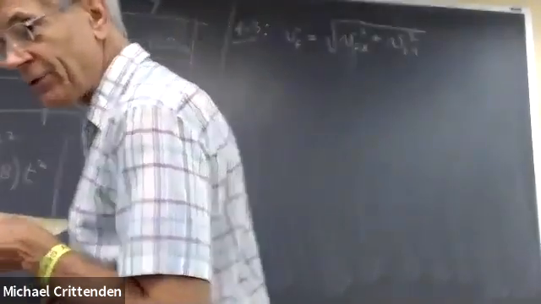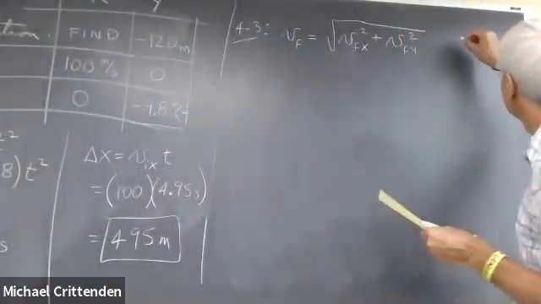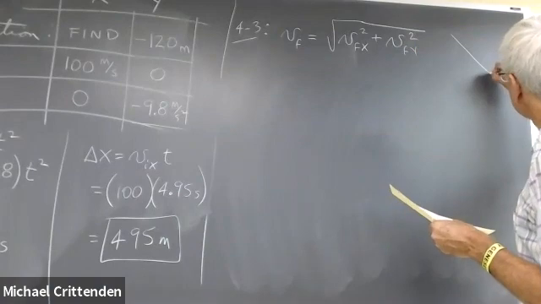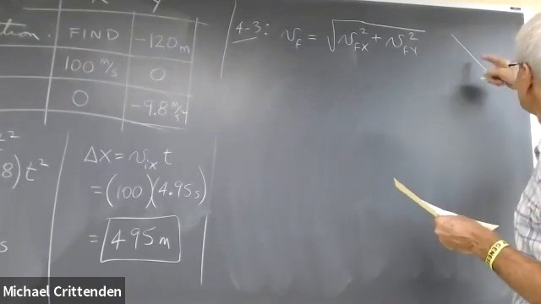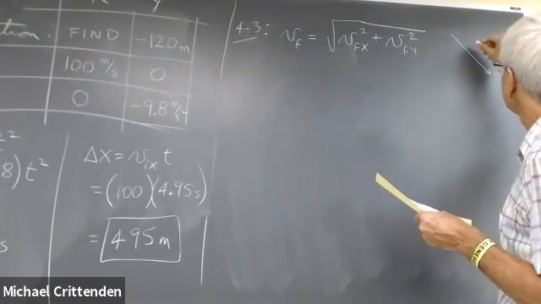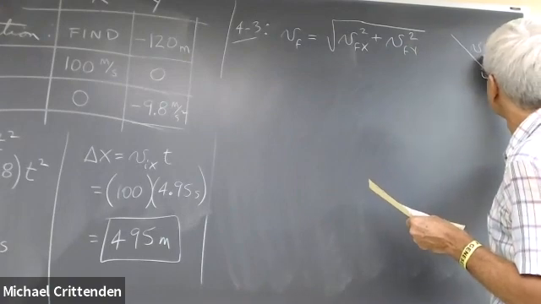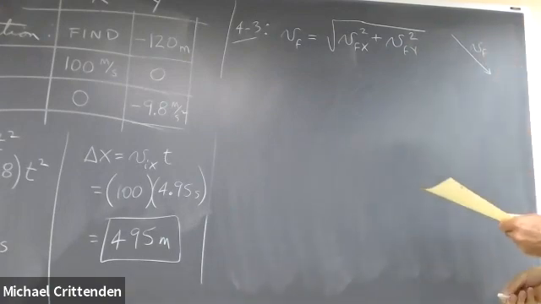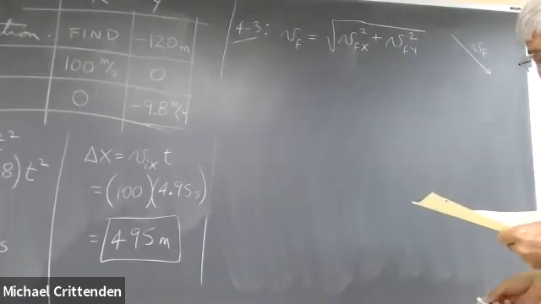If you want to see the picture that goes with that one more time, as the cannonball reaches the water, it's going in something roughly like that direction. So there's its velocity vector, V final.